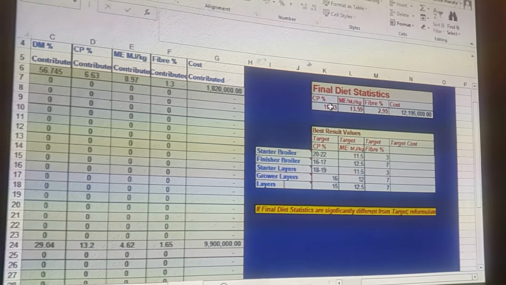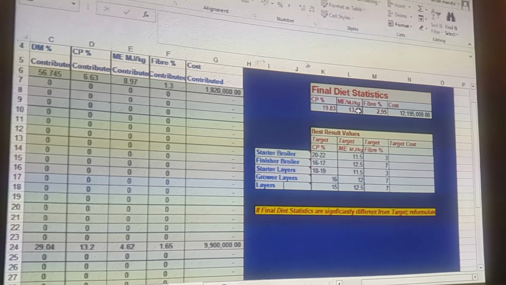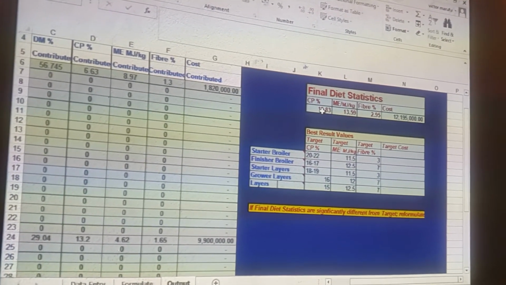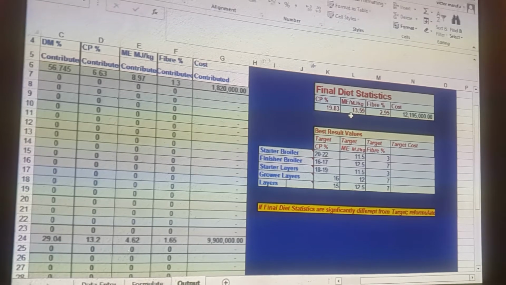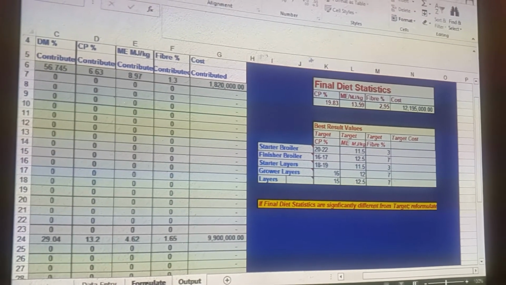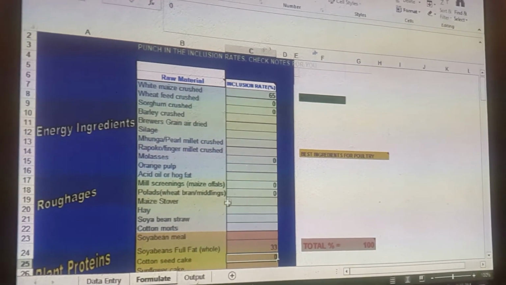I'm just a little bit low and high on energy. So I can play around with maybe the protein content, increase it a bit, decrease maybe the energy, which is more in the maize. Let's just play around with it.